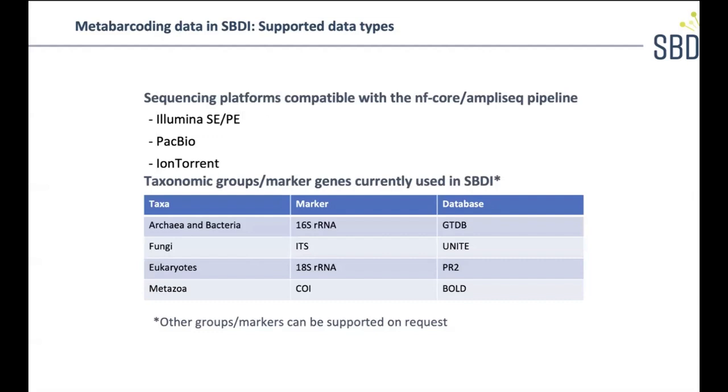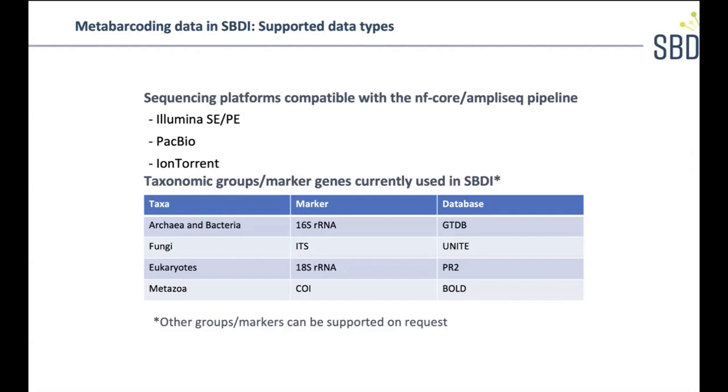And the metabarcoding data types that we are currently supporting in SBDI, or actually data sets that are included at this point, are for archaea and bacteria, where we are using the 16S RNA gene as a marker and the GTDB database. We have data for fungi using ITS sequences and using the Unite database.